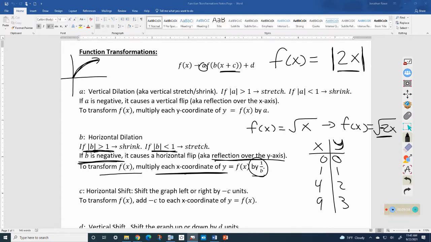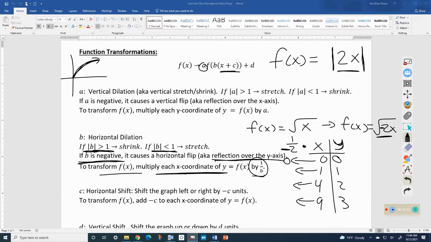All right, so multiplying by 1 over b. B is negative 2 in this case, so actually by 1 over negative 2, sorry, by negative 1/2. So 0 times negative 1/2 is still 0. 1 times negative 1/2?